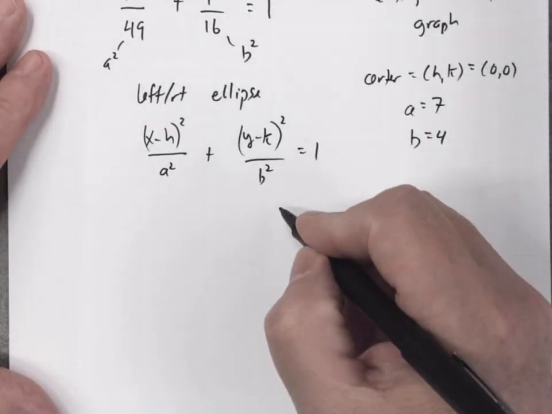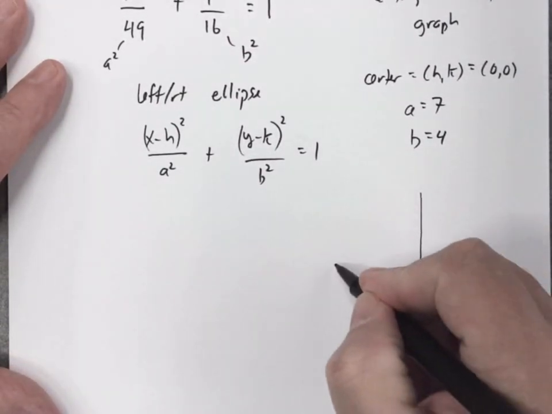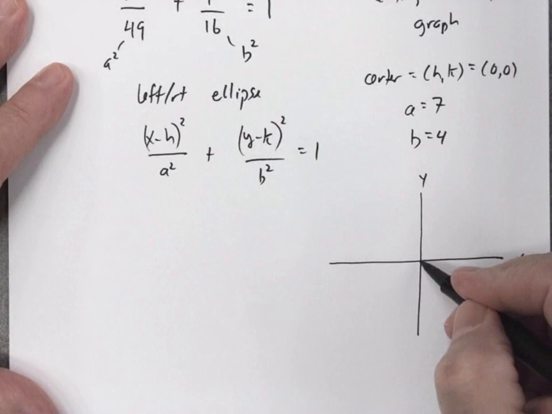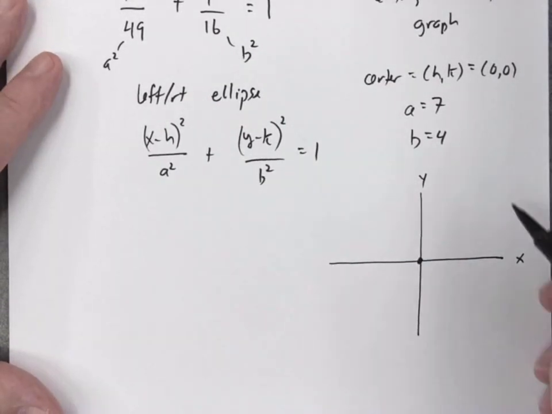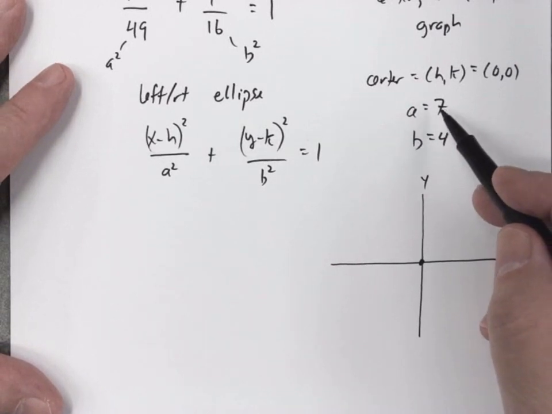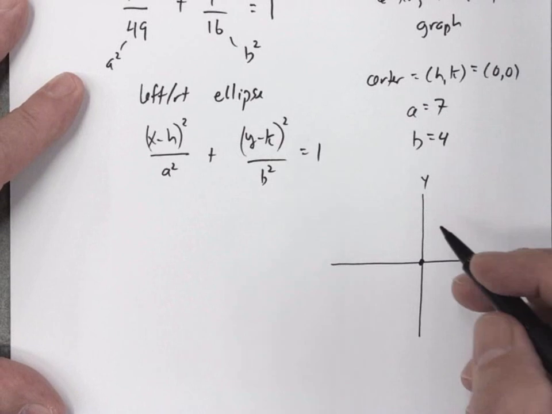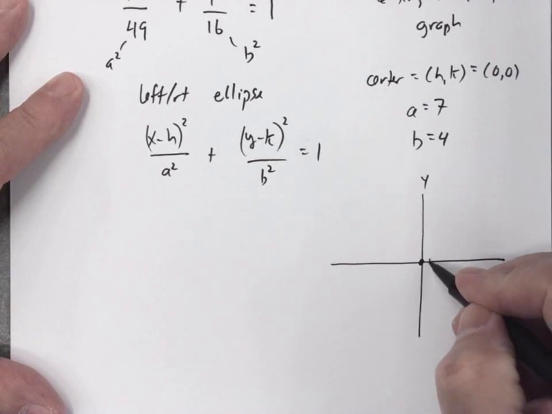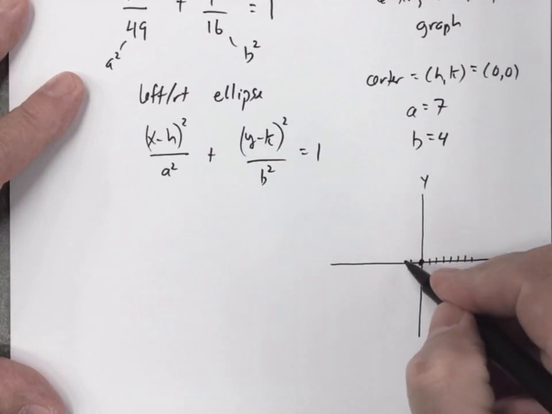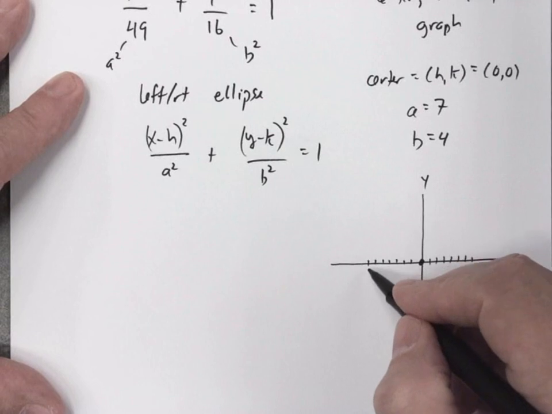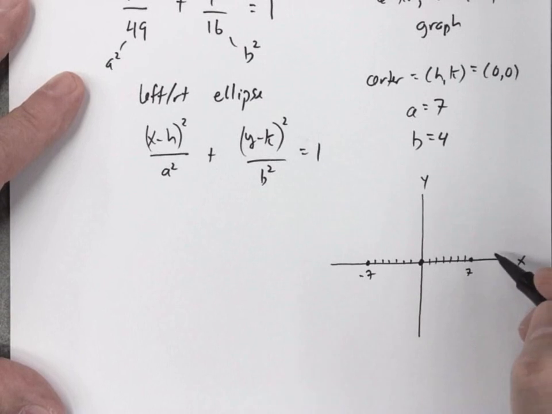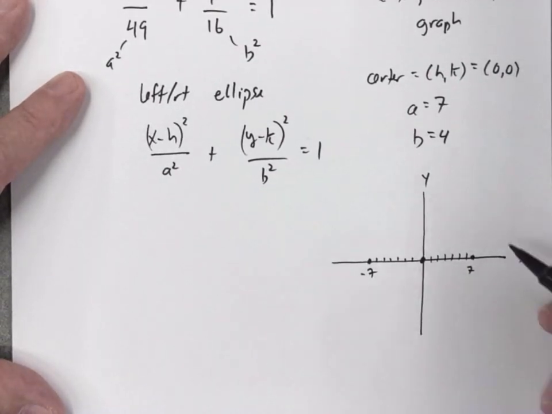So if I'm going to sketch the graph, the center, since this is a left to right ellipse, I know the distance from the center to the vertex is going to be 7. So I have to go to the right 7 and to the left 7. So these are going to be the vertices. This is how wide the ellipse is going to be.